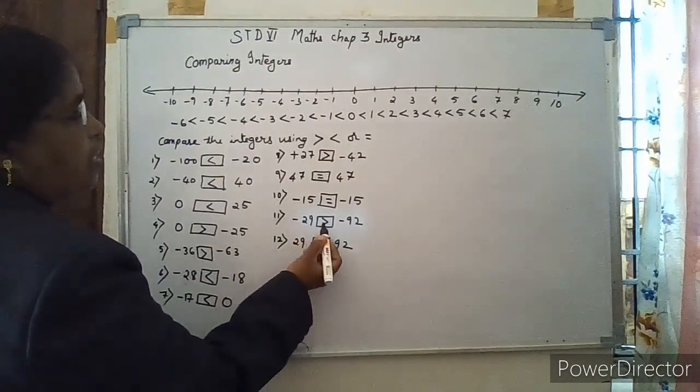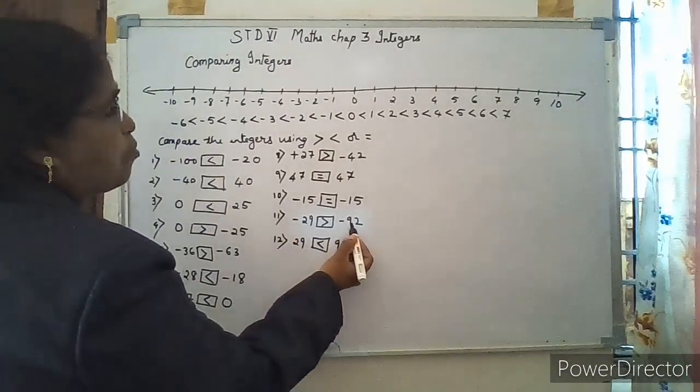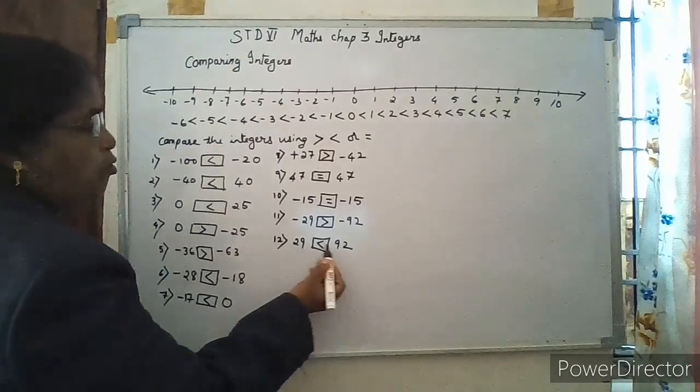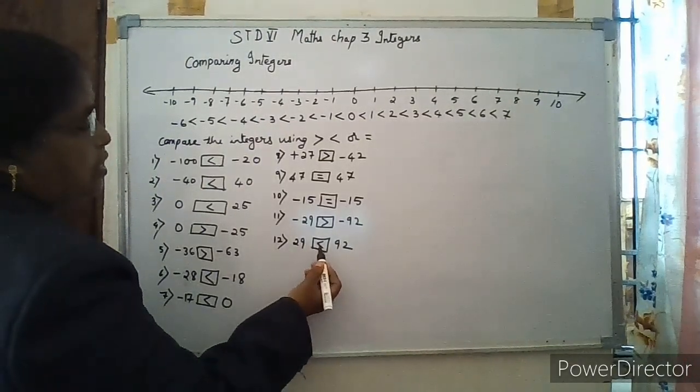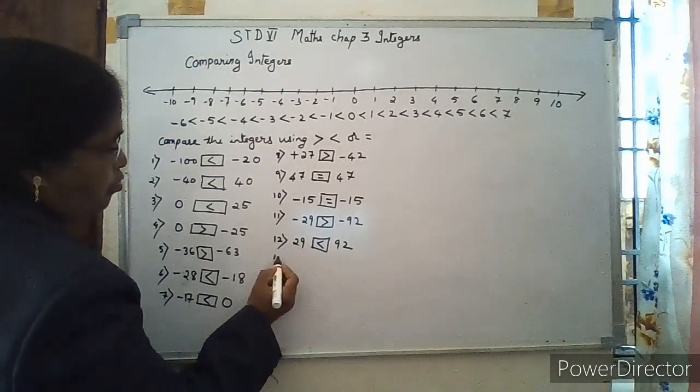Here minus 29 is greater than minus 92. Here both are positive, same numbers but positive, so 29 is smaller than 92.